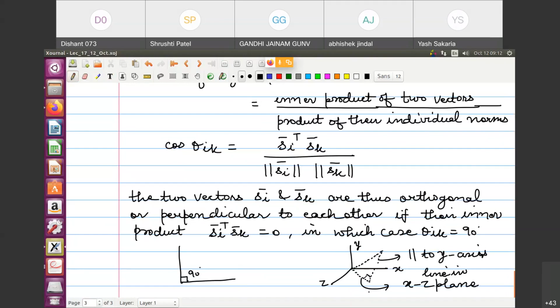Now similarly, you can extend it to n dimensions. You assume that there is a line in n-dimensional space and another line intersecting it, and if we look at the angle between the two, it will be 90 degrees. That is the concept of orthogonality.